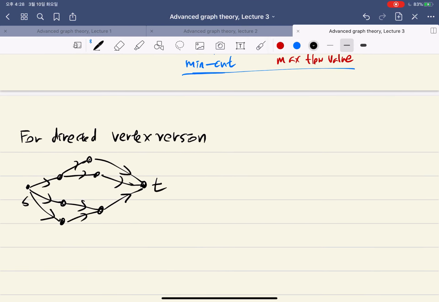Yeah, let's consider this simple diagram. What we do is we consider a new graph. So we still have S and T, and every vertex we tear into 2 vertices.